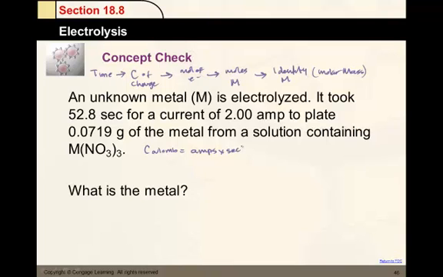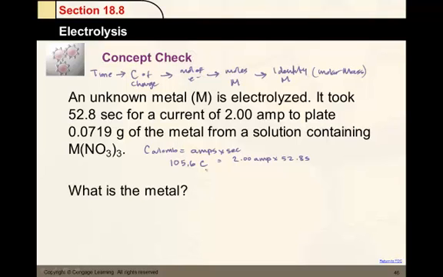Either way, we're solving for coulombs. So we know that it took 2.00 amps times 52.8 seconds. That, of course, gives us 105.6 coulombs that have passed.